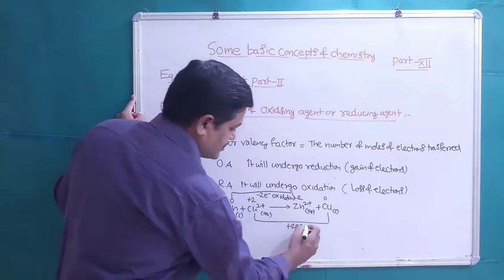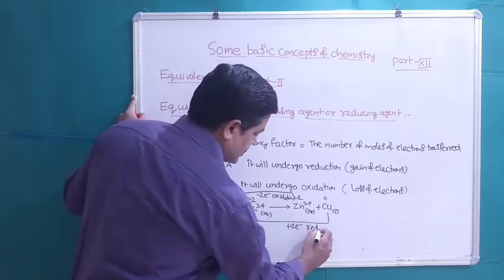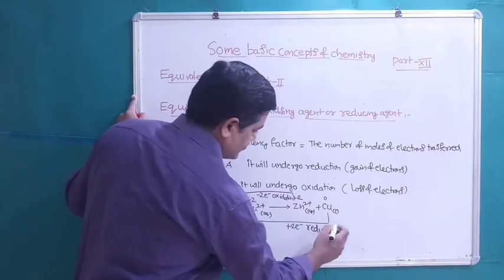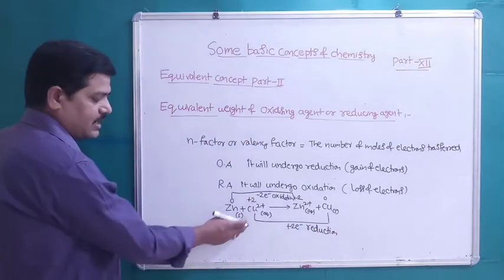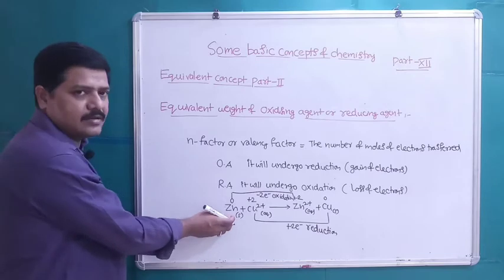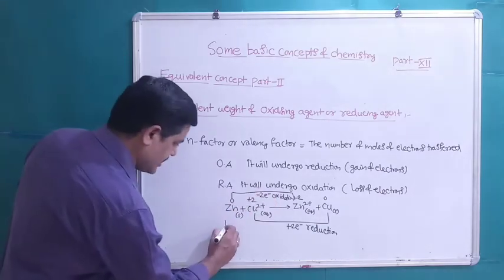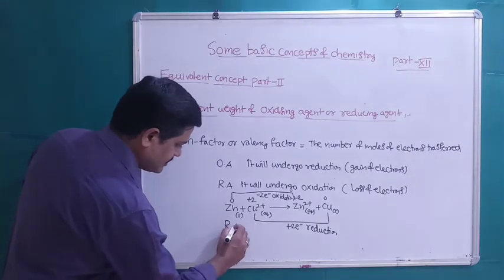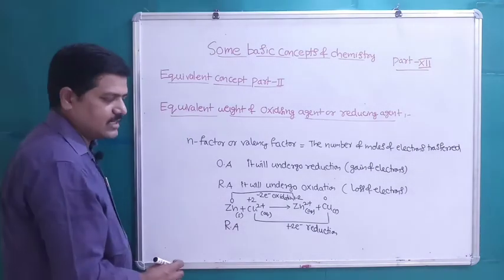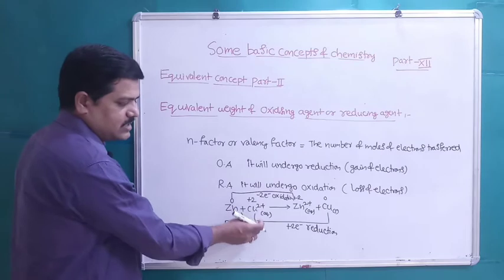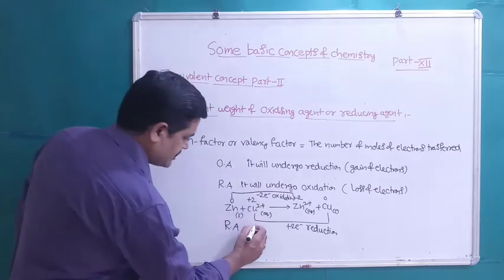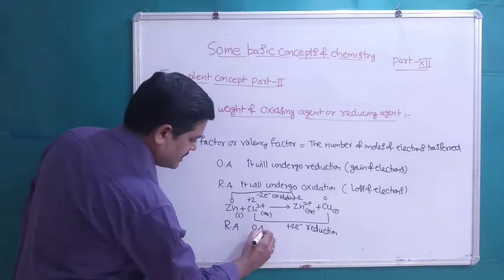Gain of electrons is called reduction, right? So in this reaction, the reactant which itself undergoes oxidation is called the reducing agent. Zinc is a reducing agent. The reactant which undergoes reduction is called the oxidizing agent, right?